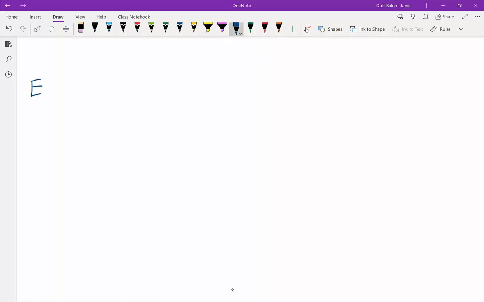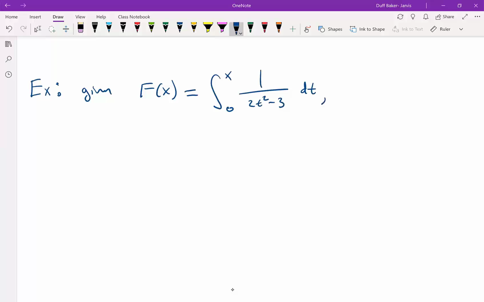Okay, so if somebody asked you a question like this: given that f of x is the integral from, say, 0 to x of 1 over 2t squared minus 3 dt, what is f prime of x?